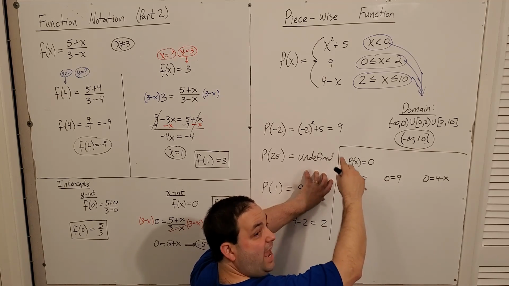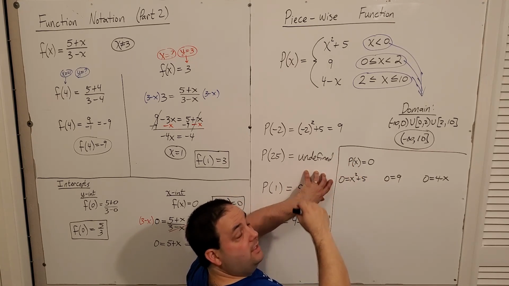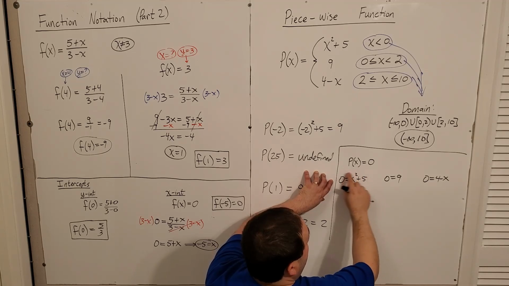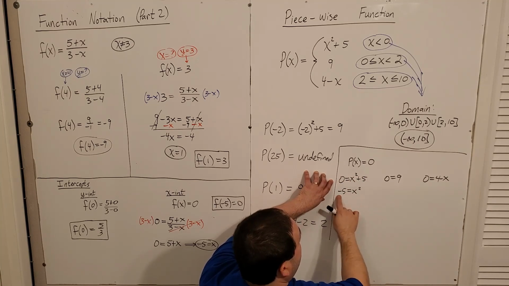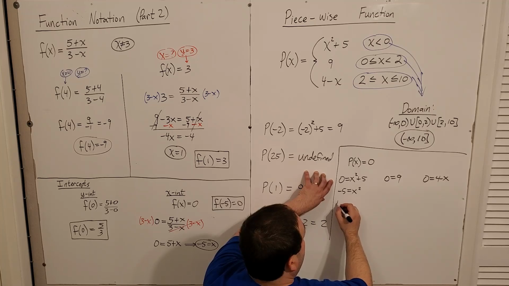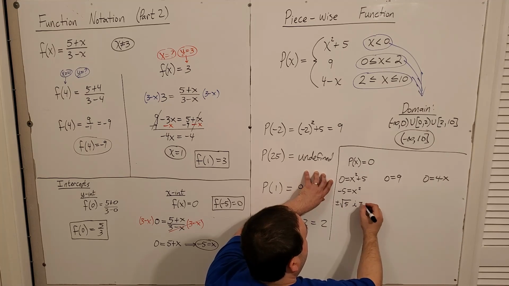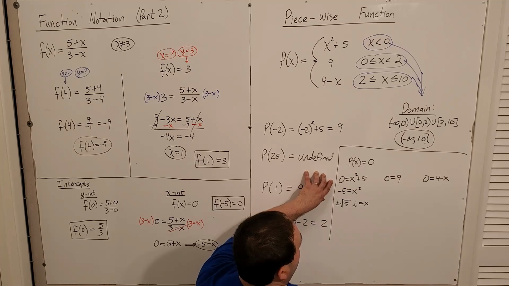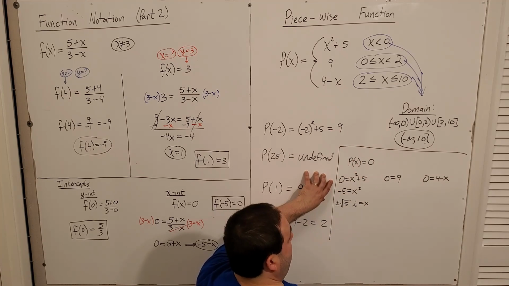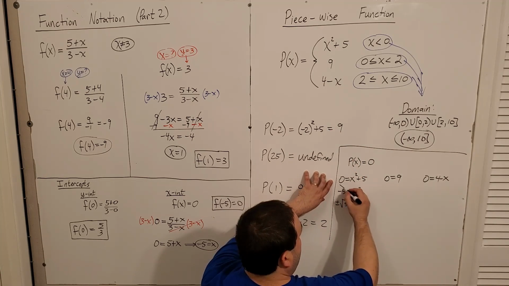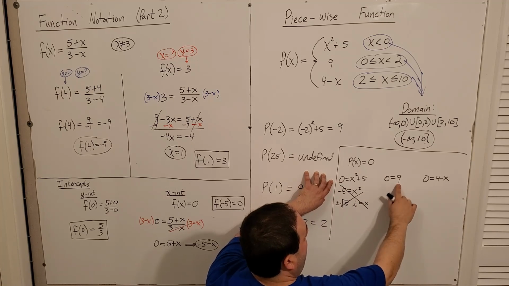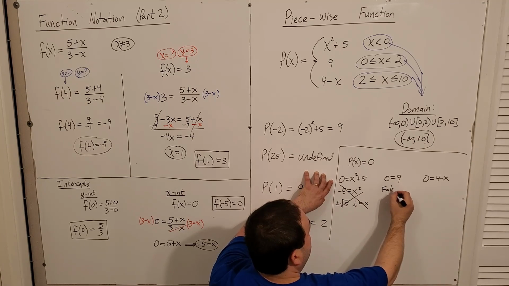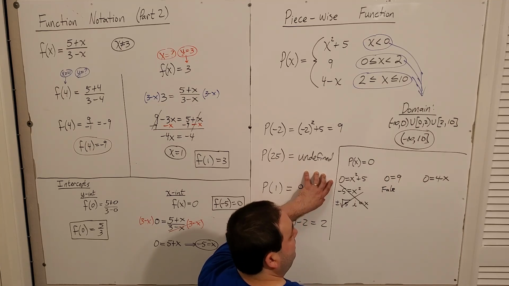Because remember, once I have an x value, I can make a decision. Okay? So I solve this. I subtract 5. I square root both sides. I'm going to get plus or minus square root of 5i because of the square root of the negative. Well, we're not dealing in any imaginary numbers, so this isn't going to give me anything. Next, 0 equals 9, that's false. So that's not going to give me anything either.